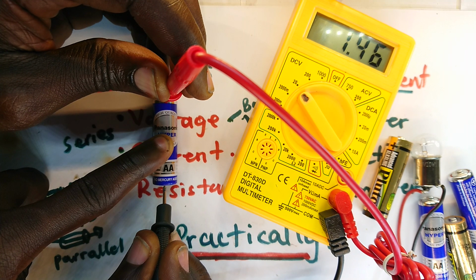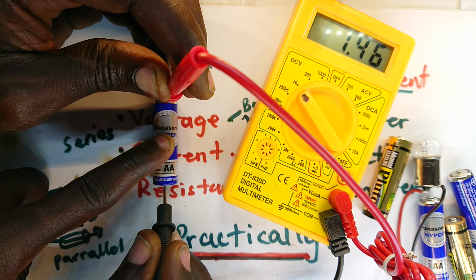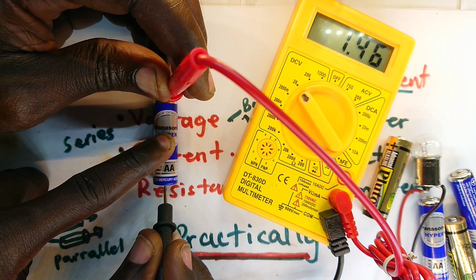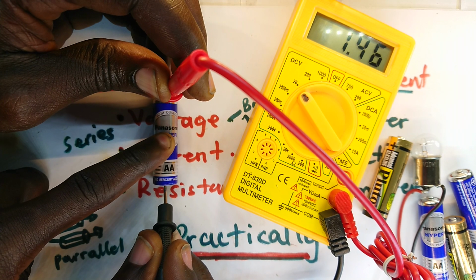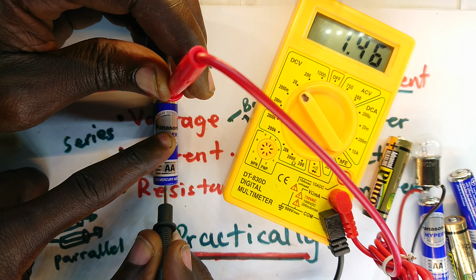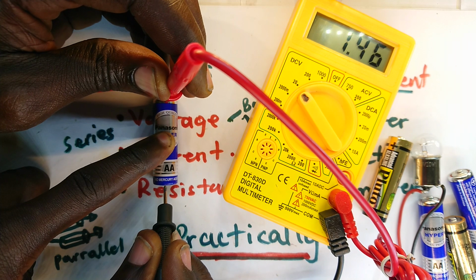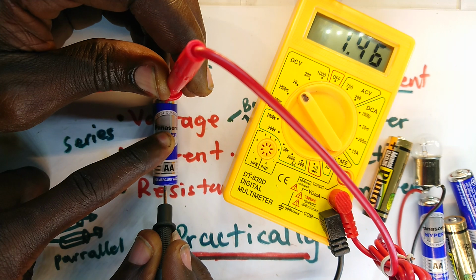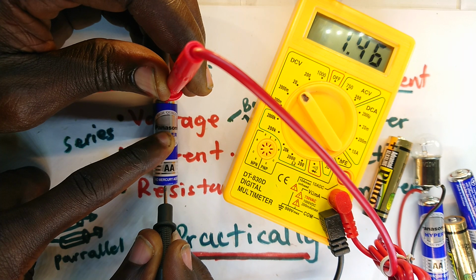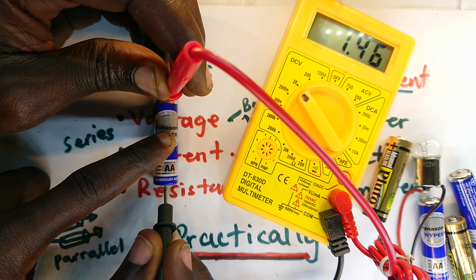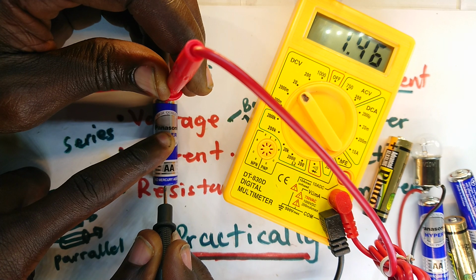Okay, it's showing 1.46, and that's because when you connect a load to it, which was our bulb, it starts draining power from this, and its ability to create a potential difference starts dropping. It keeps reducing as you take power out of it.